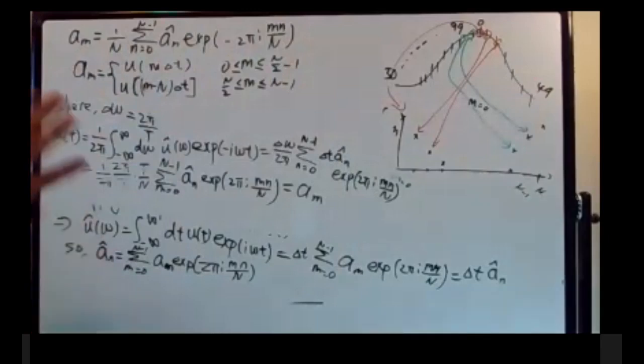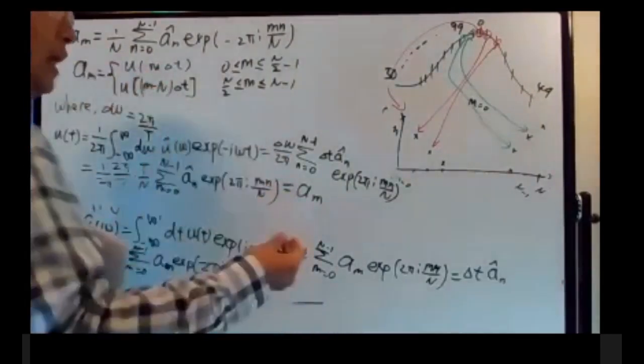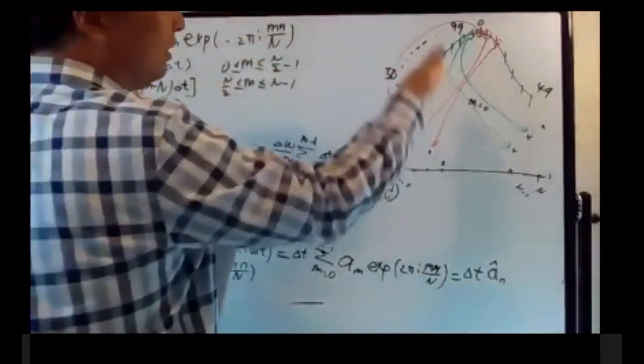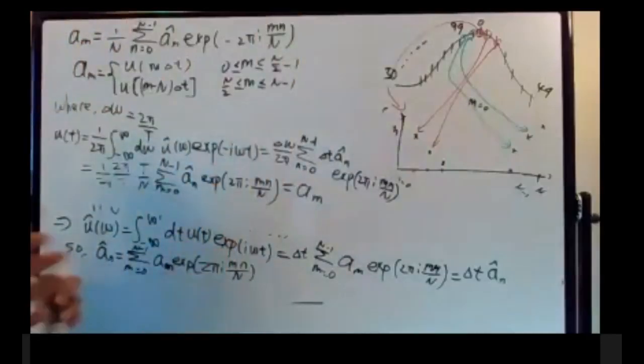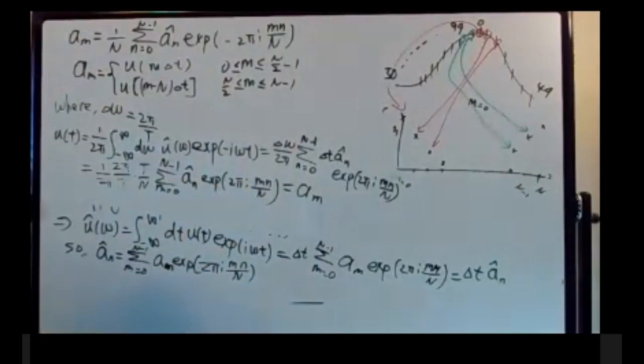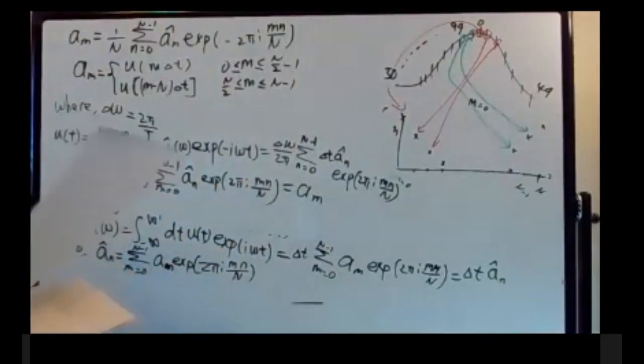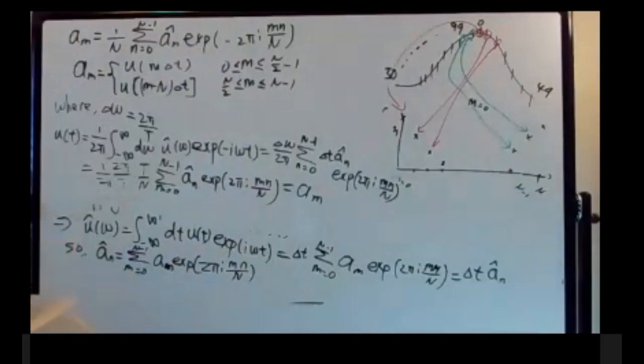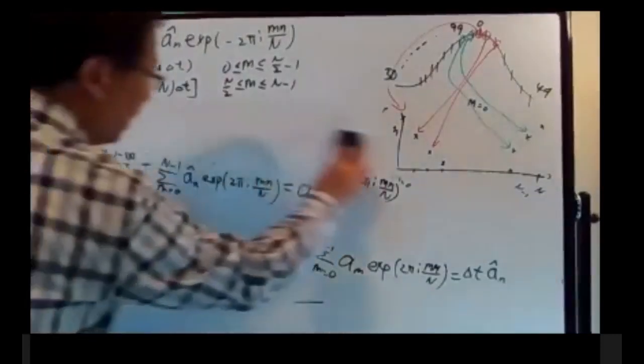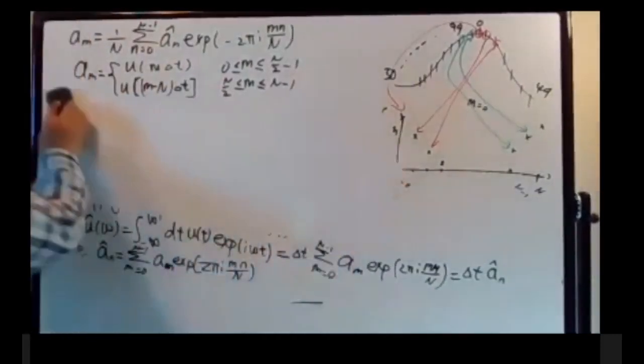So those are not symmetric. All the signals in the time domain and frequency domain need to be shifted. I'll let you know how we should do the shift later on.